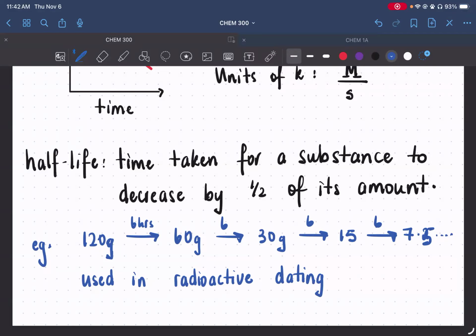So of course, since we know that reactants decrease, the half-life becomes a very interesting concept to understand, because it's good for us to know, well, how long does it take for the reactant to decrease to half?